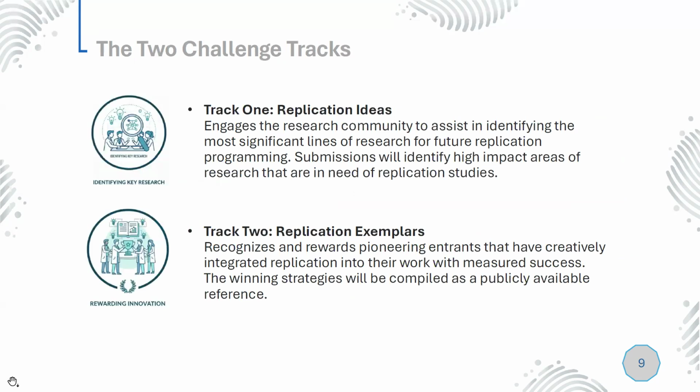So for the prize, each submission will address at least one of the two tracks included in the competition. That said, you can apply to both tracks or just one individually. Track one is intended to engage the research community to identify the most pressing lines of research, the most significant areas that could be incredibly impactful in biomedical research.